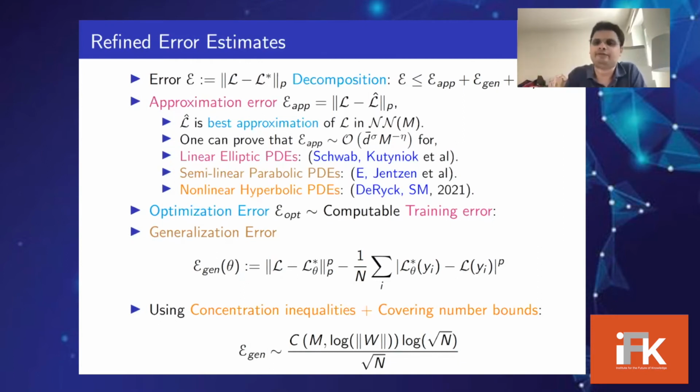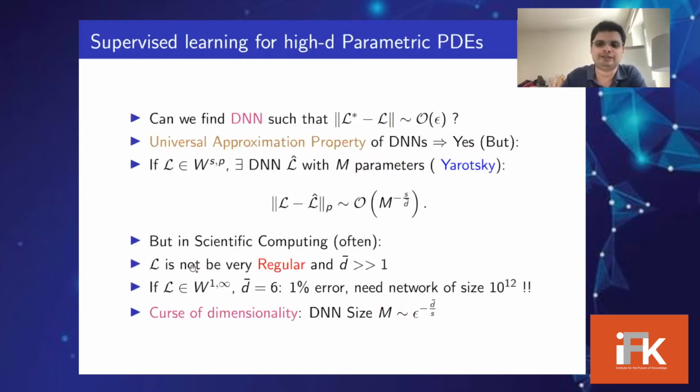However, remember that we have PDEs, and solutions of PDEs have some special structure. Because of that, we can almost always prove, on a case-by-case basis, that it does not depend exponentially on the dimension, because this was what killed us here, right? It was the curse of dimensionality.